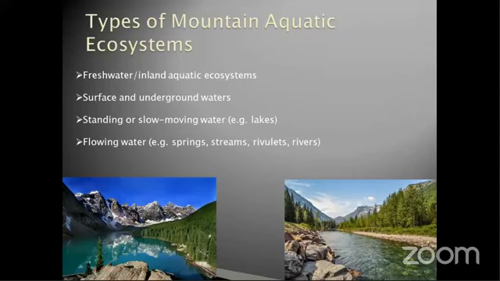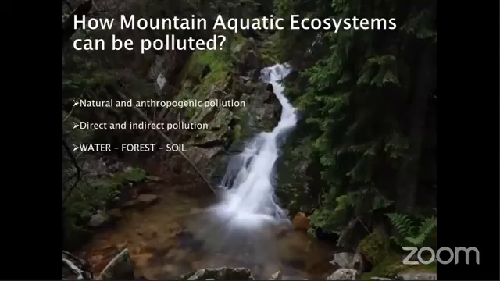Further, mountain aquatic ecosystems are presented with surface and underground water. And according to the intensity of water flow, they can be standing like lakes and swamps, and they can be flowing like streams and rivers. It is important, of course, to emphasize that a significant amount of mountain waters is in the form of ice or in the form of glaciers.